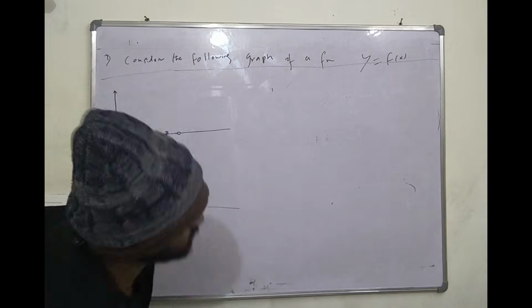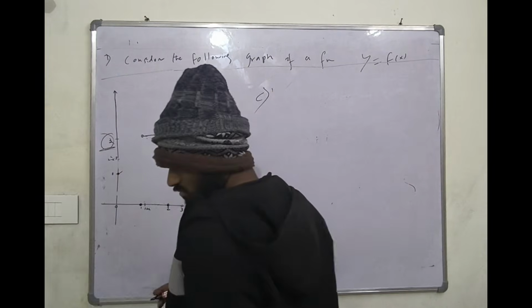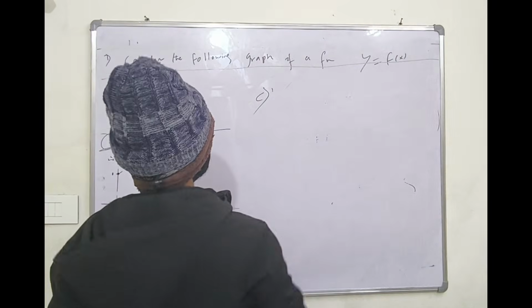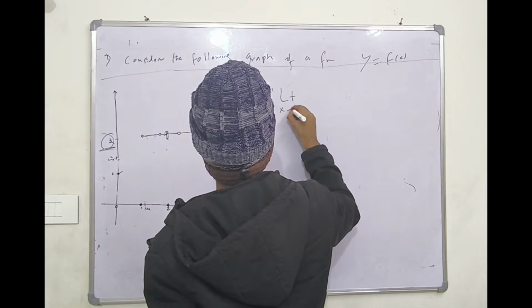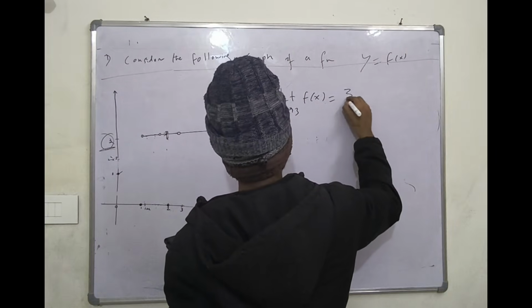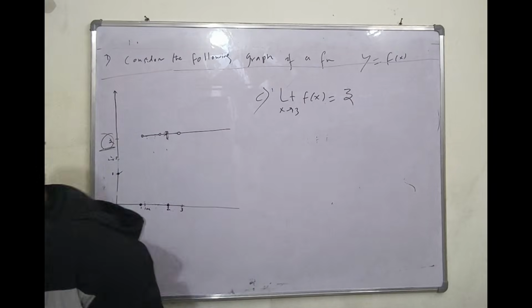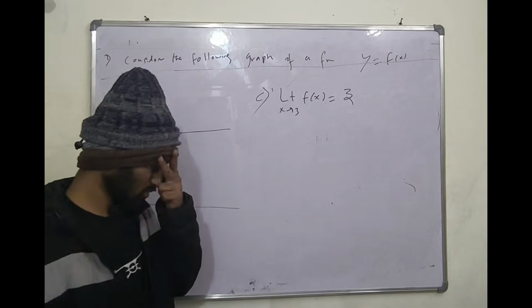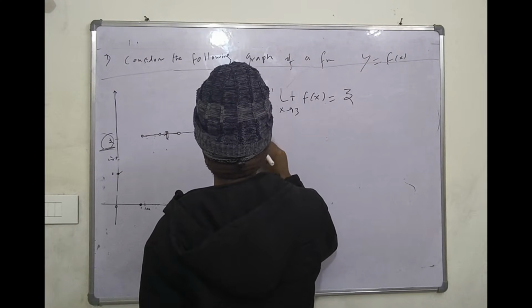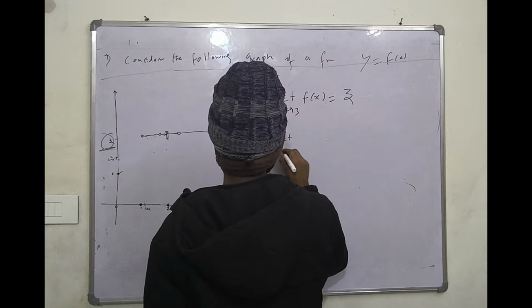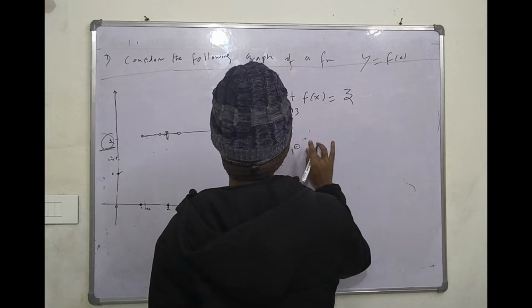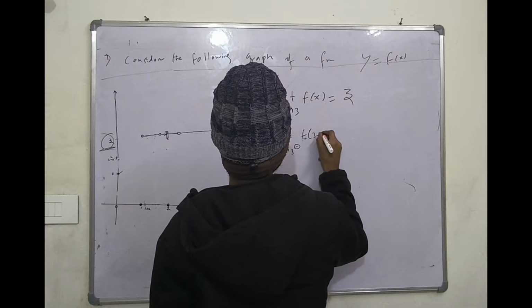Okay, so let's go to option C. Option C is limit x tends to 3 f of x equals 3. Let's find the left hand limit. Left hand limit equals limit x tends to 3 minus f of 3 minus h.